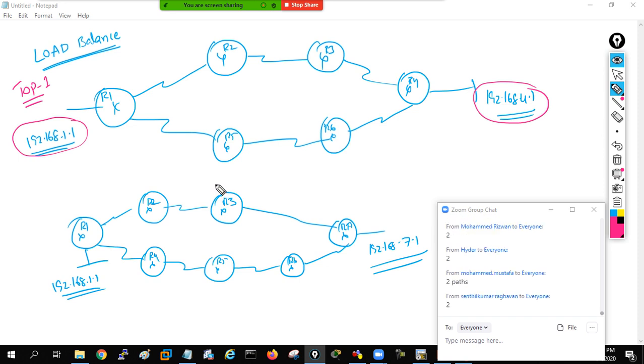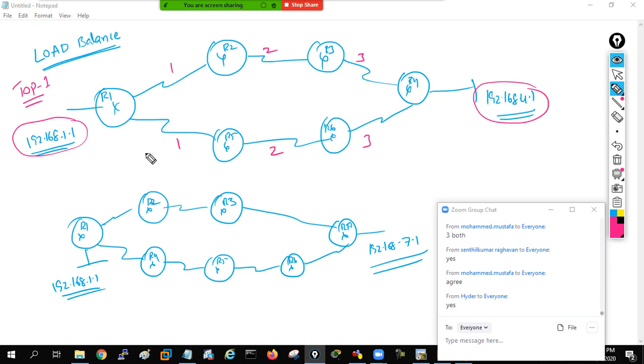Now for these 2 paths, how many hops for the first path? 1, 2, 3. And the second, 1, 2, 3. Right? So the hop count is the same for both routes. Agree? Everybody?